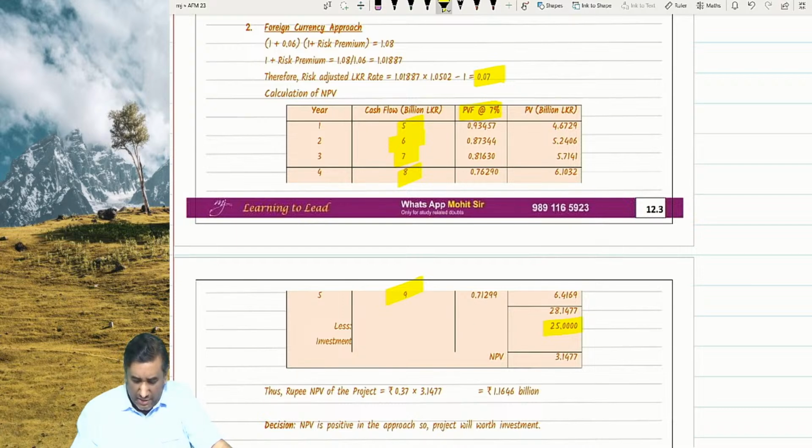By this he has tested your capital budgeting technique also. He has tested your forex also, and it's a combination of capital budgeting and forex. Both have been tested. This question becomes slightly lengthier because he's asking in both approaches.